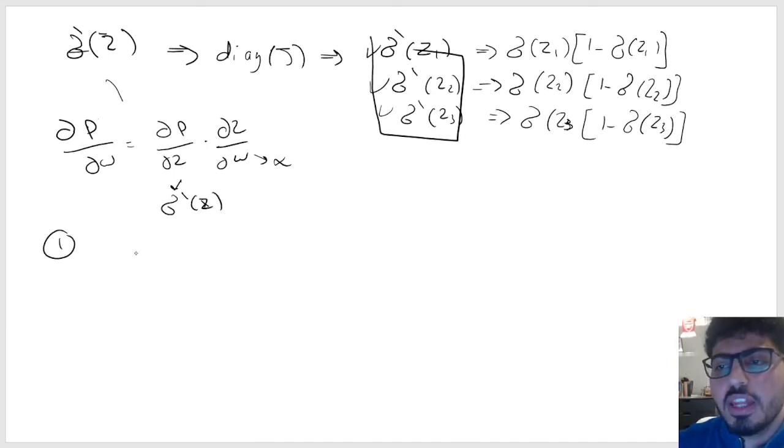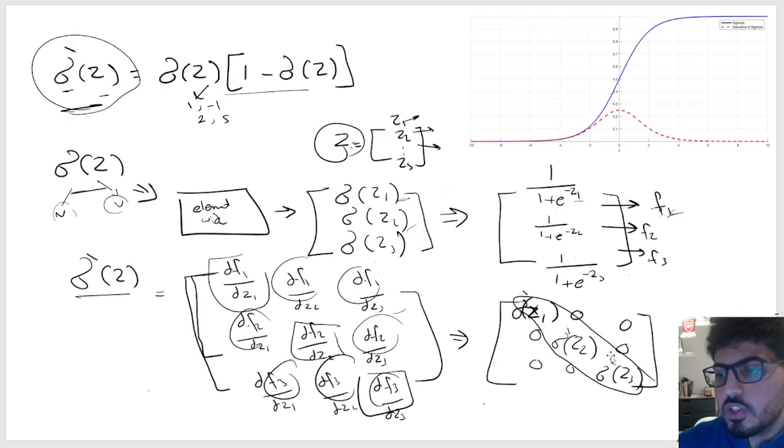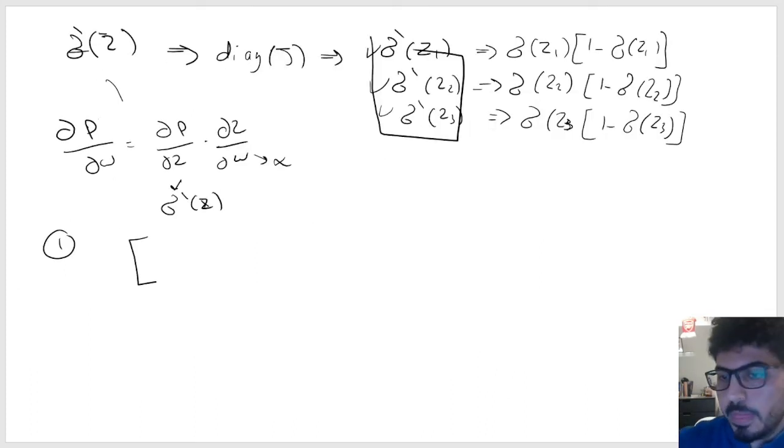Number one, let's do it the inefficient way. What is the inefficient way? I'm going to use the entire Jacobian. I'm going to give some values to those diagonal elements just to show you that it's the same computation. So I'm going to assume that this matrix evaluates eventually to 1, 2, 3, and 0 otherwise. Let's use that same matrix here.